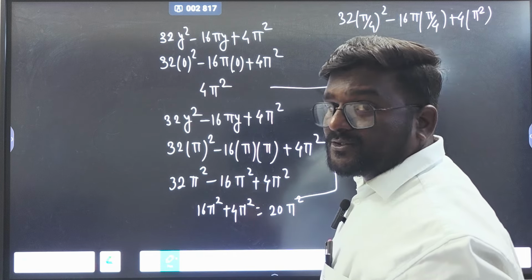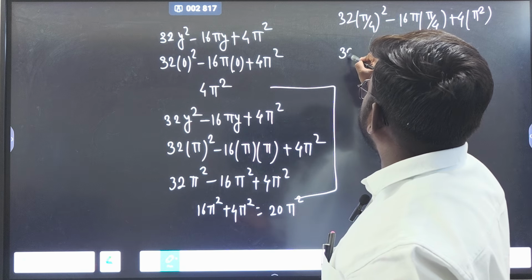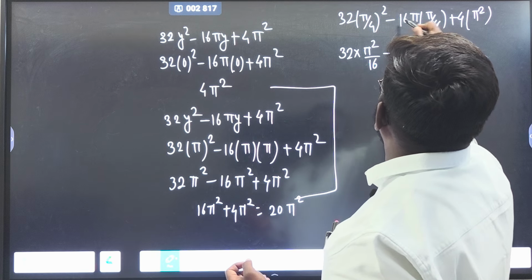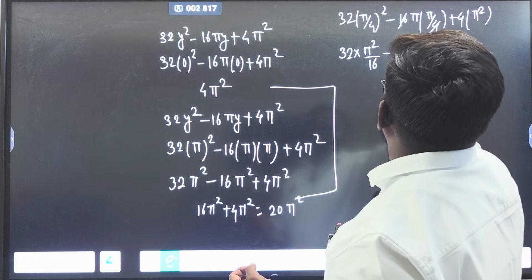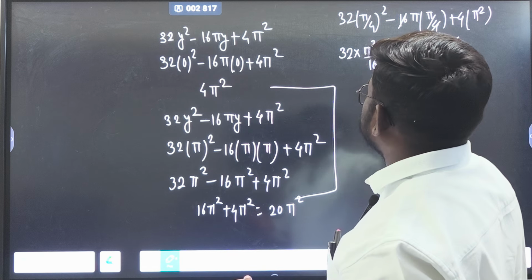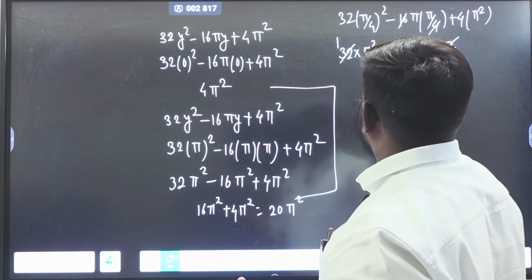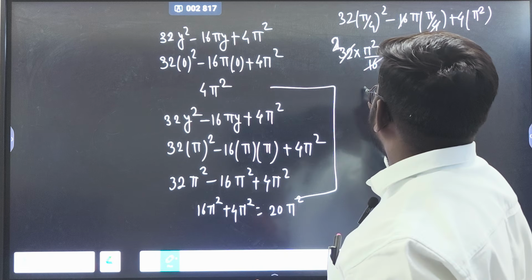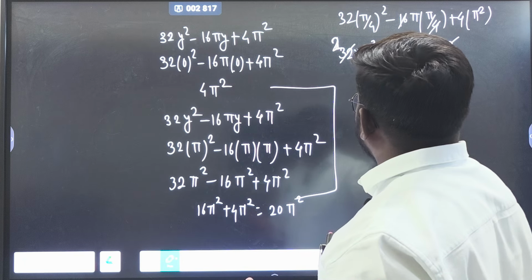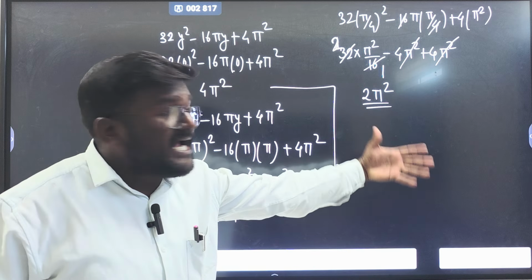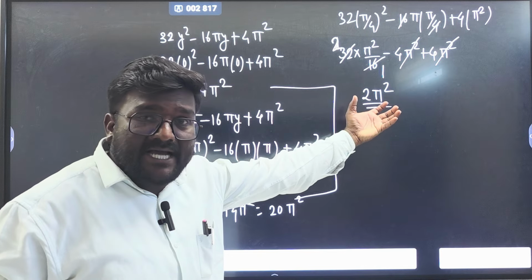Sorry, I forgot to write this one. So 32 into pi square by 16 minus 4 4s are 16. So it is 2 pi square minus 4 pi square plus 4 pi square. The 4 pi square cancel here, and we get 2 pi square. So the minimum value is at pi by 4, and the minimum value is 2 pi square.